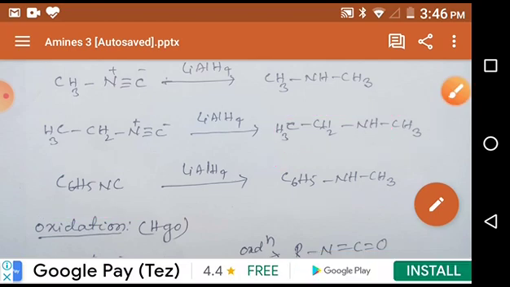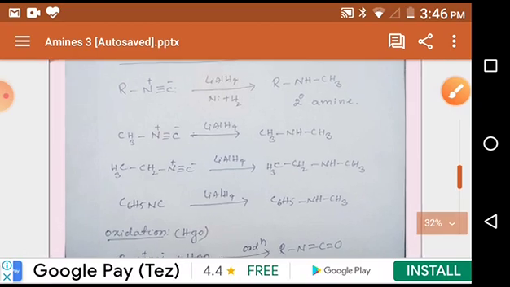So I repeat, isocyanides undergo reduction reaction with lithium aluminum hydride or different reducing agents like metals such as nickel, platinum or palladium. Any one of these metals with hydrogen gas acts as a good reducing agent.